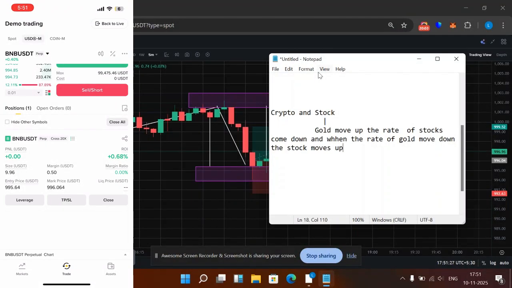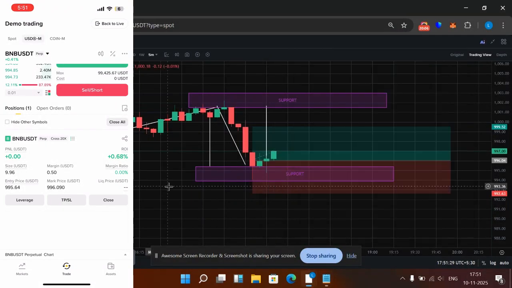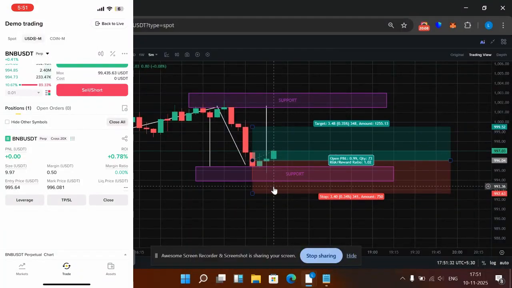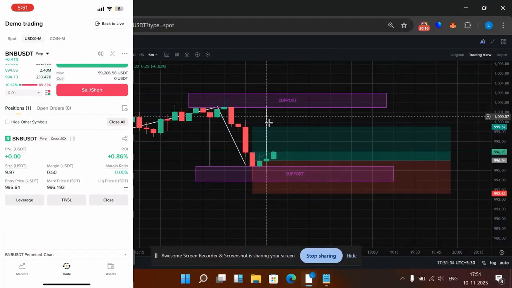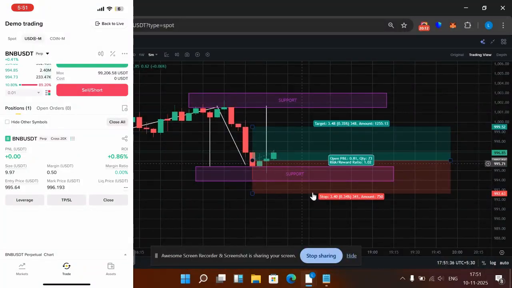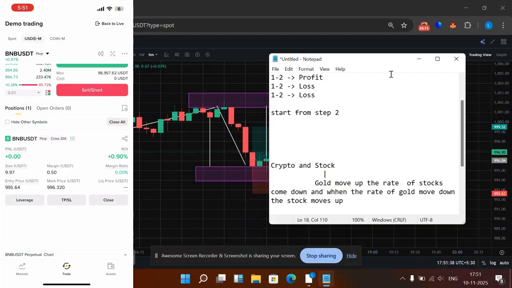Basically, there is a twist here. All right, now we are making some. There we go. We are going to exit this trade when we exit this area, so then we can easily see the thing.